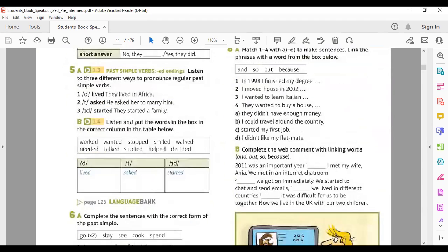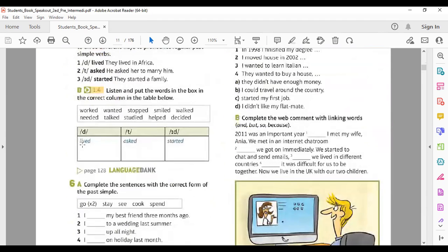Okay, so if you remember, I told you when you put ed to the verb to form the second form of the verb, here we have 3 different sounds at the end of each verb. It's either D, T or ed.